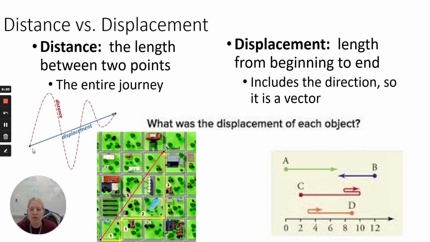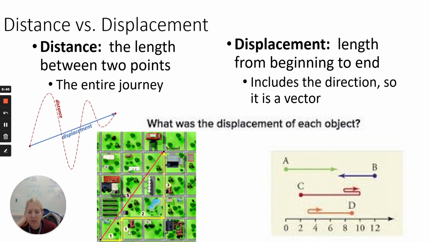Displacement is only from the starting point to the ending point. It also includes a direction with it. So that means it's a vector, right? Vectors have magnitude and direction. So we can see where displacement is labeled here. It's an arrow, right? It's a vector showing the direction that this person traveled from beginning to end.